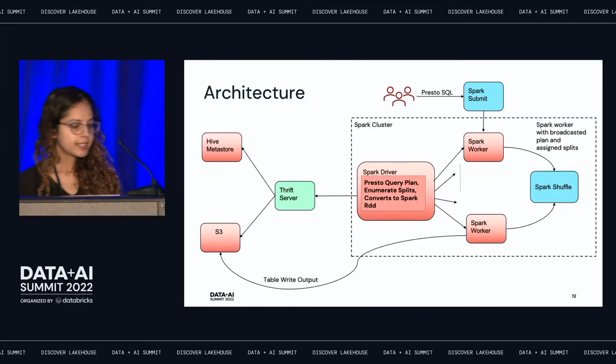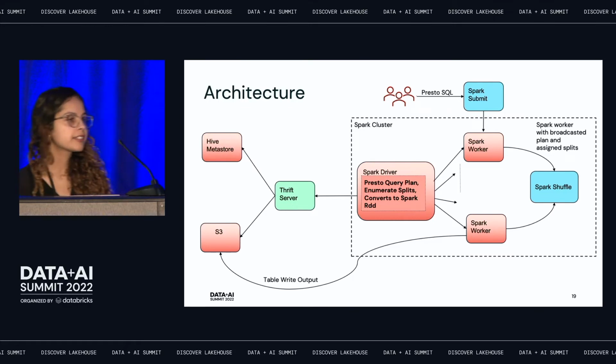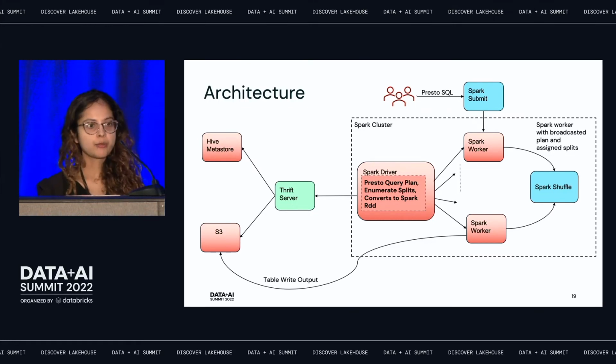So let's look at the Presto on Spark architecture. You have this Presto SQL, which is an input to a Spark submit. And within the Spark driver, the Presto query planner and the optimizer are being executed.